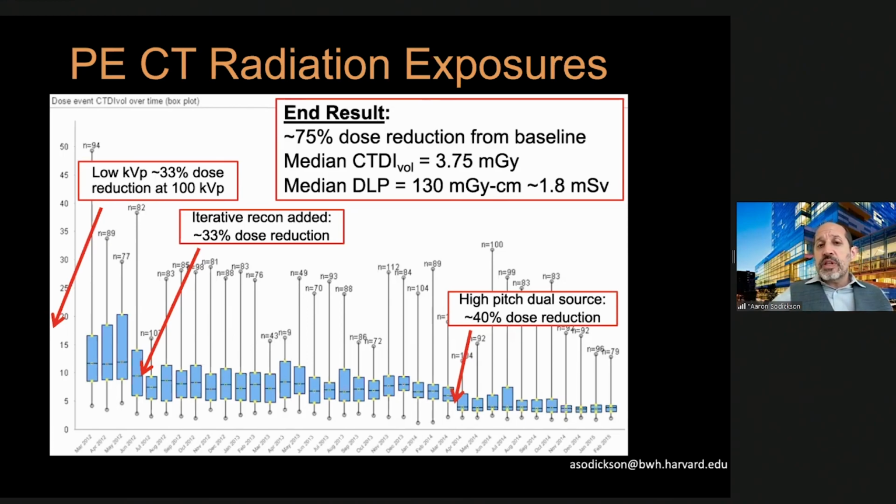And if you use the usual conversion k factor, that means that on average in this patient population, these scans are at less than 2 millisieverts, which really makes us feel good about these scans and also makes us less concerned about repeating these scans in those now very few cases in which we have a poor contrast bolus, for example.